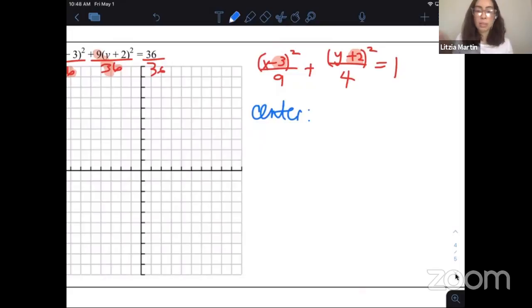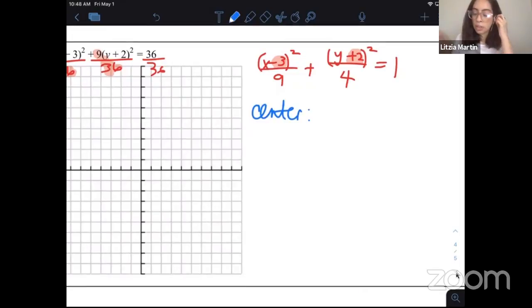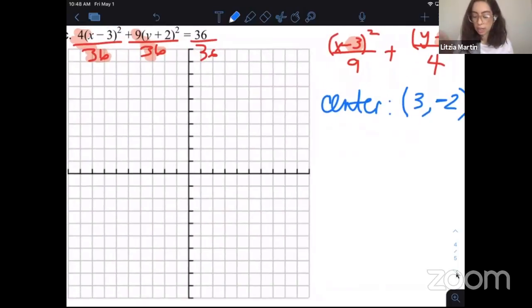So (x minus 3) squared means that we have an x value of 3, and then (y plus 2) squared means we have a y value of minus 2. So there's our center, and I can actually go ahead and plot it here. So this is 3, this is -2, so the point is right there.